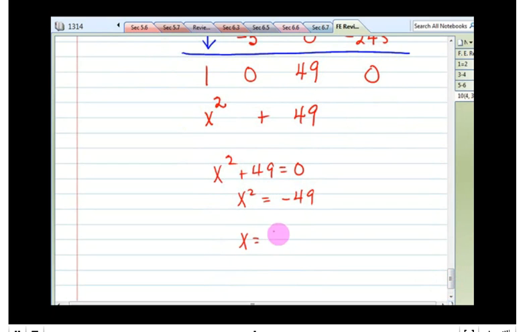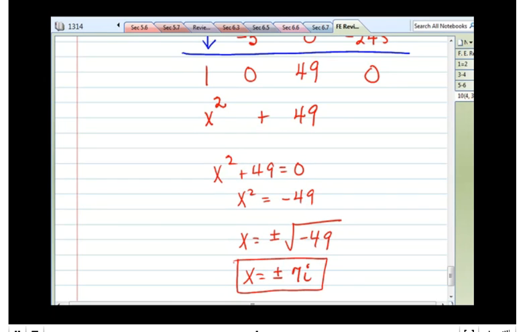So x is plus or minus the square root of -49. What's the square root of -49? 7 with an i on it. So x is plus or minus 7i. And those are your other two answers. You had -5 was one of them, and plus or minus 7i.